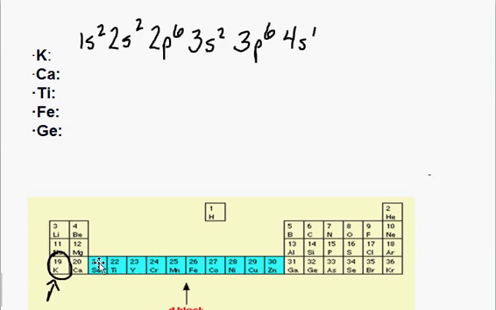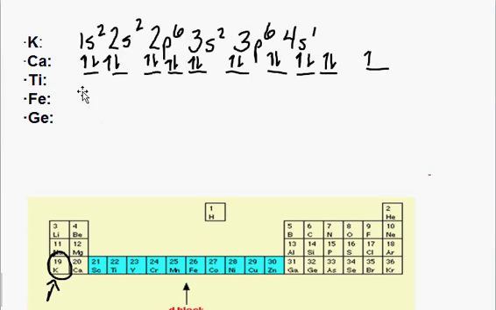So let's look at this first example. 1s2 would have been hydrogen, helium. 2s2 would have been lithium, beryllium. 2p6 would have gone from boron to neon. 3s2 would be sodium, magnesium. 3p6 aluminum through argon. And then 4s1 is where I'm at with potassium.